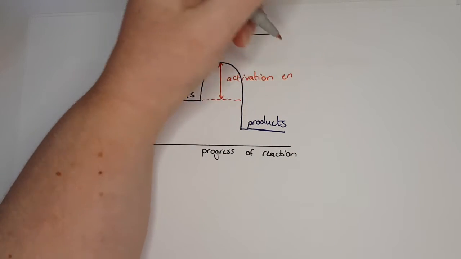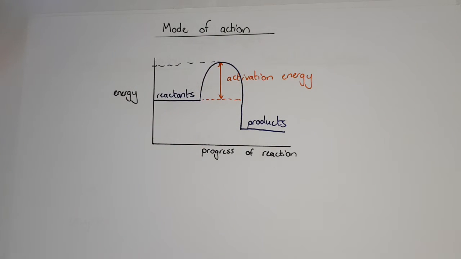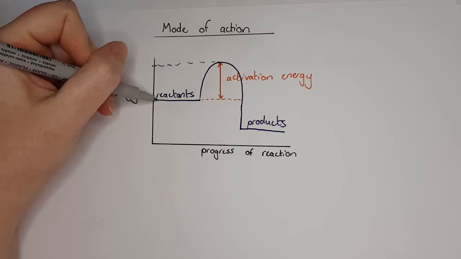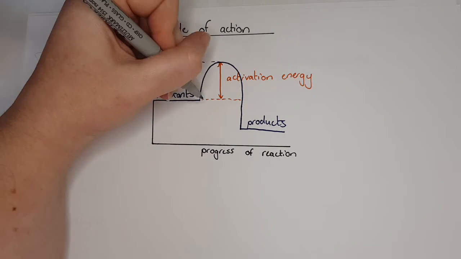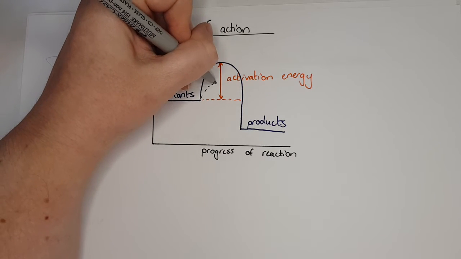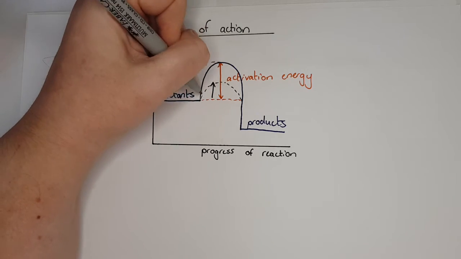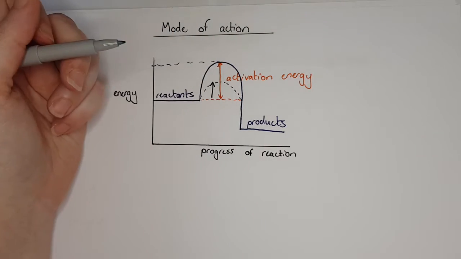So what happens with an enzyme is that it lowers the activation energy. So the reactants can react with each other, and instead of needing to go all the way up here, we can end up only needing a shorter amount of energy to become products.